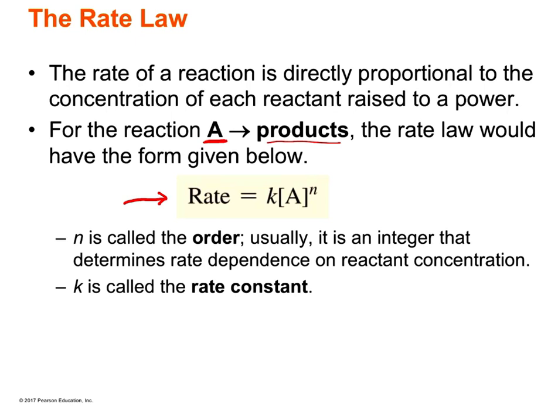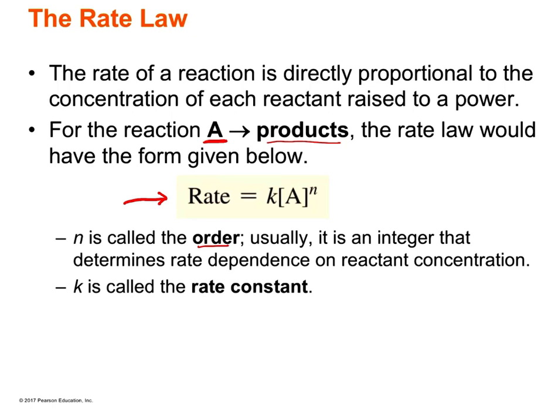And that power is given the symbol n. So n is called the order of the reaction. And this is an integer usually that determines the rate dependence on reactant concentration. So we'll talk a little bit more about that in a second if it doesn't quite make sense yet. And then k is the rate constant. And we'll also talk more about that later as well.